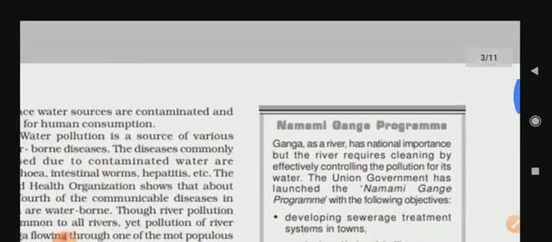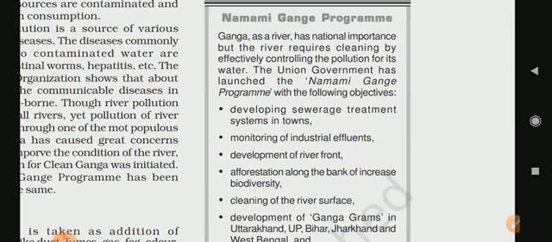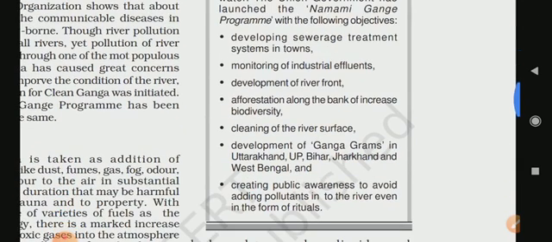So after that, when we study water pollution, there is a program, students, the Namami Gange program. This is regarding how to conserve, to save the Ganga river from all these garbages. People pollute water through many sources, and to conserve from these problems, the main objectives of this program are developing sewage treatment systems in towns, monitoring of industrial effluents, development of riverfront, afforestation along the bank for increased biodiversity, and cleaning of the river surfaces.